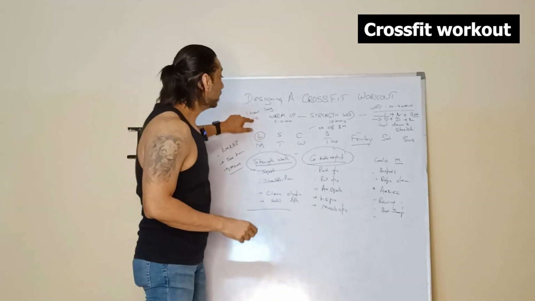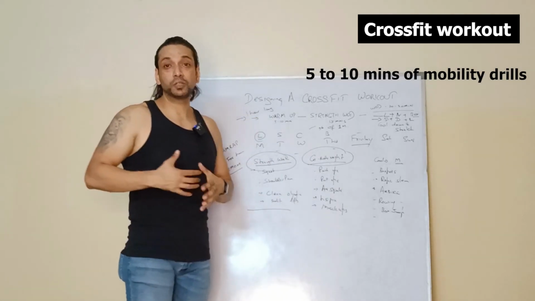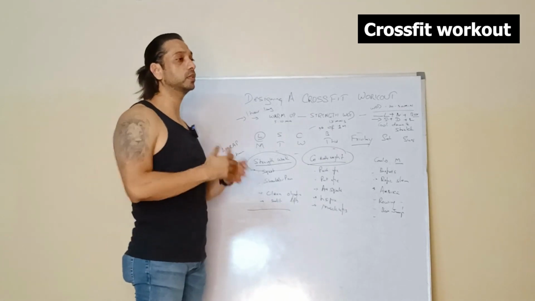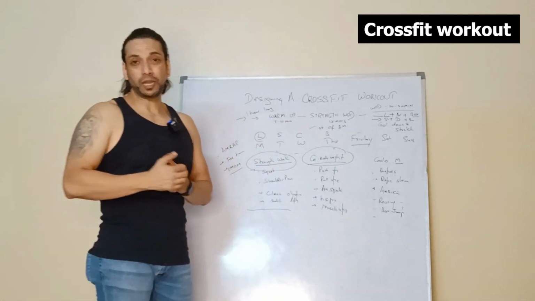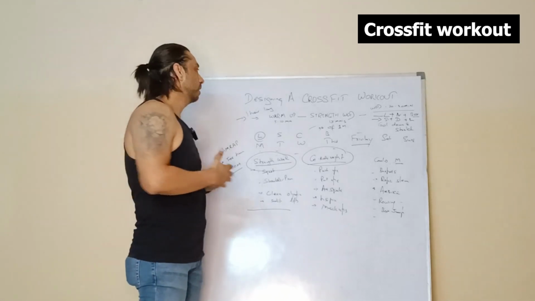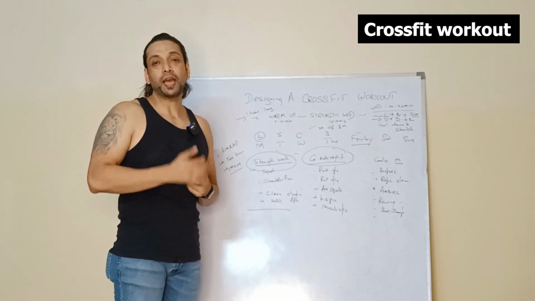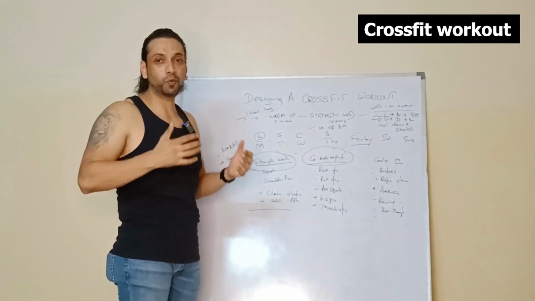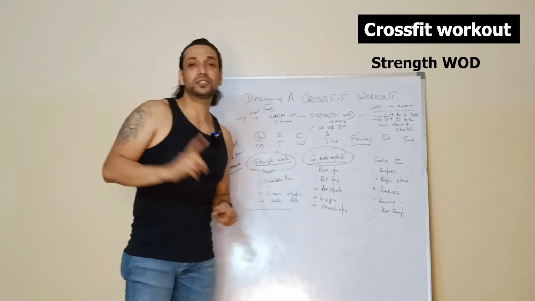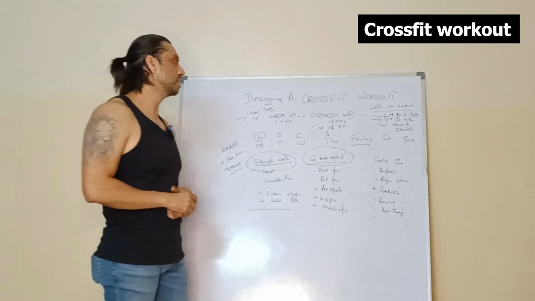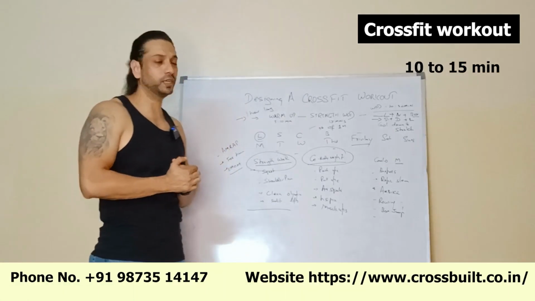So in that hour too, we would have 5 to 10 minutes of mobility drills so that the body is warmed up and is able to handle the workout that's to follow. And again, it also keeps us safe and injury free if we've warmed up properly. So 5 to 10 minutes of that, followed by a strength WOD. Generally it will last anything from 10 minutes to 15 minutes.